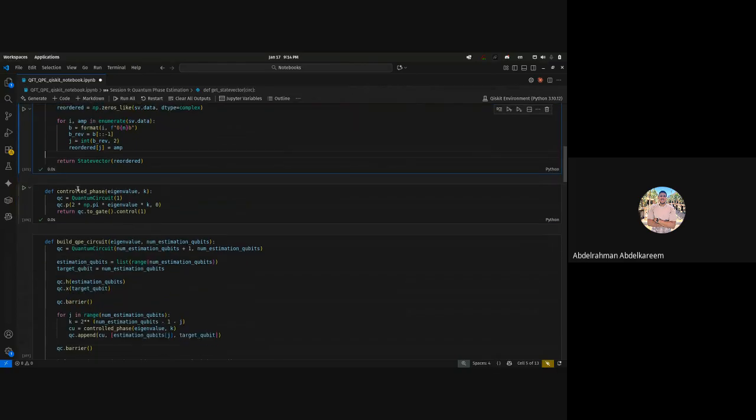Here it's new. We define a controlled phase gate. As Dr. Taha said, a phase gate is a gate that applies a phase e to the power i theta. Then it's controlled, so it's an identity on the zero block, and the gate itself.